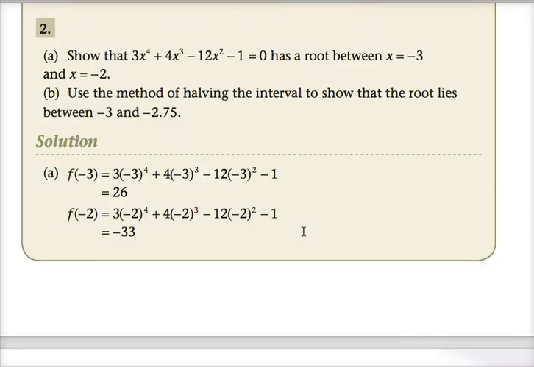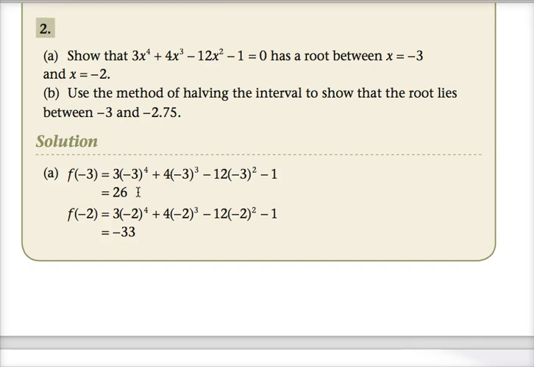Next question, example 2. Show that that polynomial there to the power of 4 has a root between negative 3 and negative 2, and use the method of halving the interval to show that the root lies between negative 3 and negative 2.75. All right, function of negative 3, they get 26. I'm going to write these down. So function of negative 3 is 26.